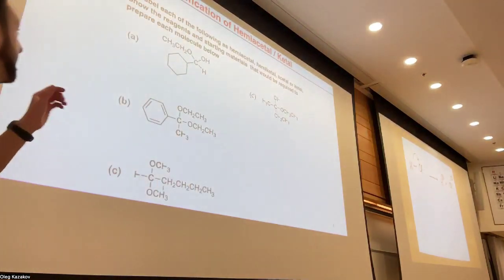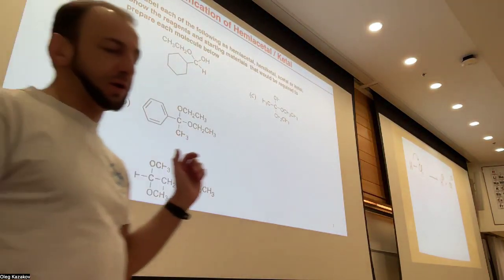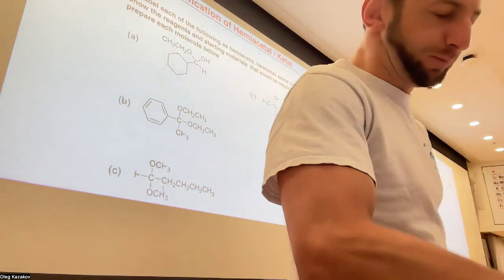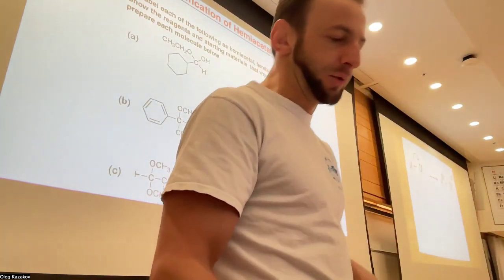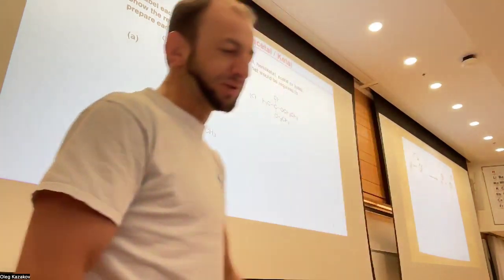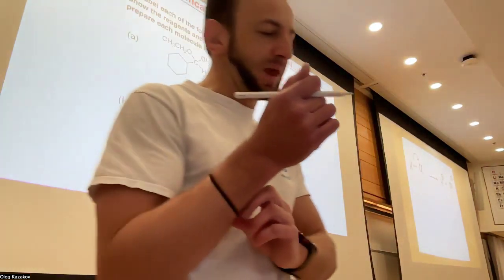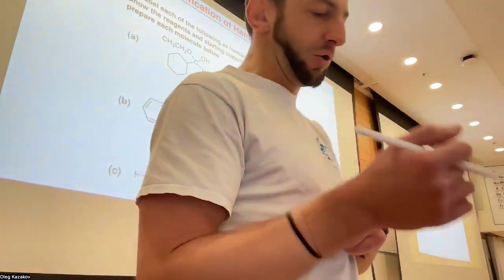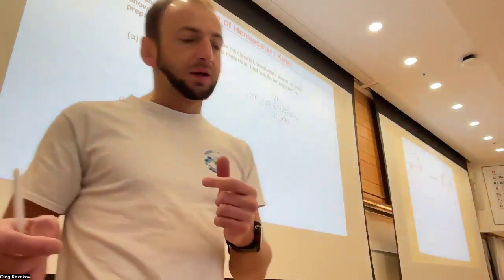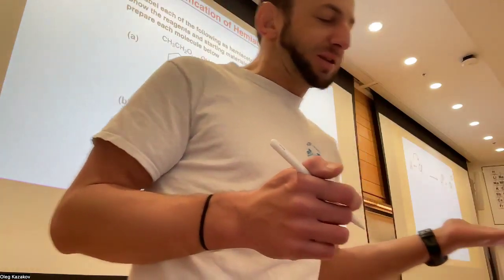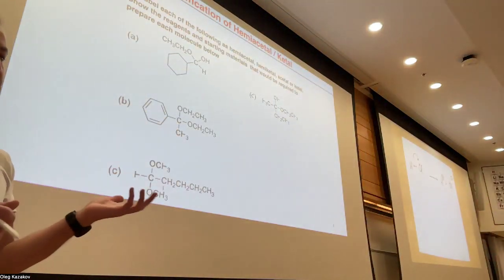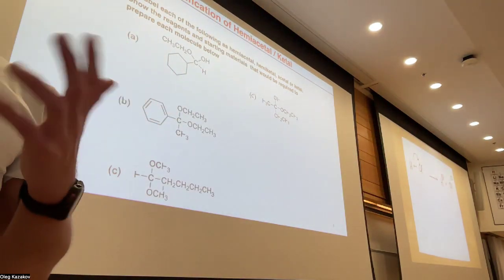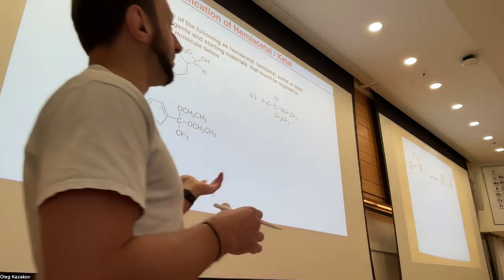This question asks us to identify those molecules as hemiacetal, hemiketal, acetal, or ketal, and then show the reagents and the starting materials that led to them. That's probably a good question. Then we will see how it connects to activity number 1.